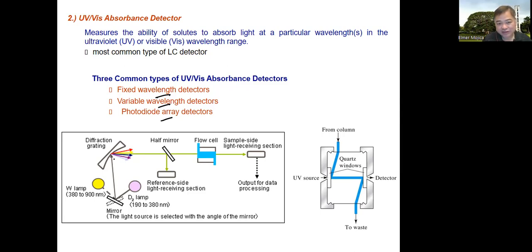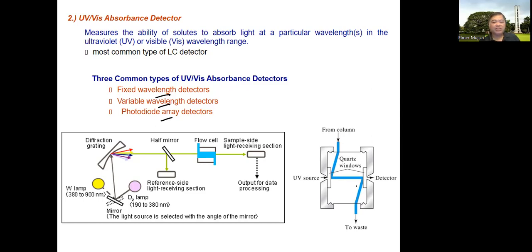It has this diffraction grating. Okay. So at a different wavelength, you put your sample there. There's a flow cell side by side with the reference. And any difference that you have there, the UV source and the detector here. Okay, so that's where your sample passes through.